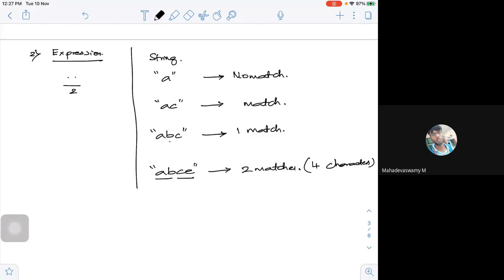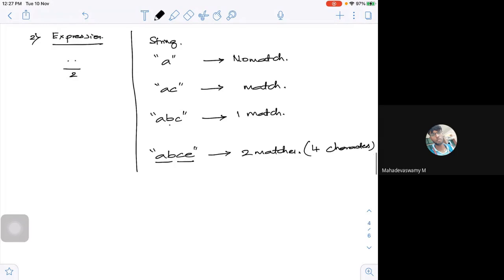Now say, for example, I try to check for a word ending with something. As I told, we have a meta character called dollar. The dollar symbol is used to check for any word that ends with that particular thing.